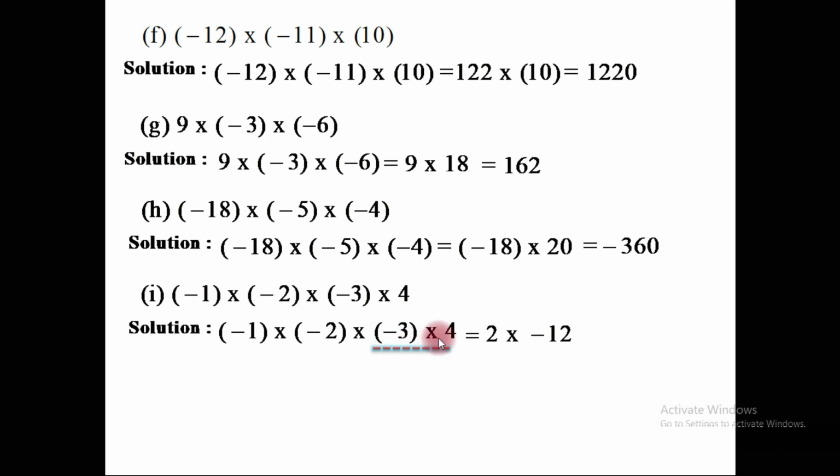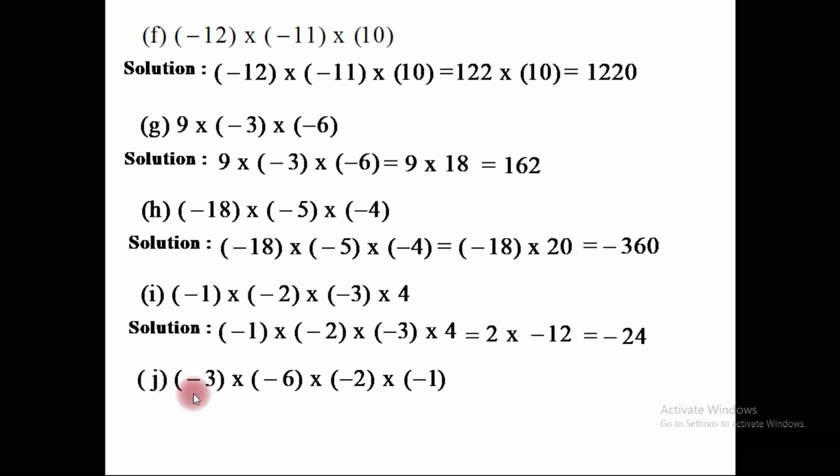Minus and plus multiply becomes minus. 3 4s are 12, minus 12. Minus 12 is again multiplied with plus 2. Plus and minus multiply becomes minus. 12 twos are 24, minus 24.